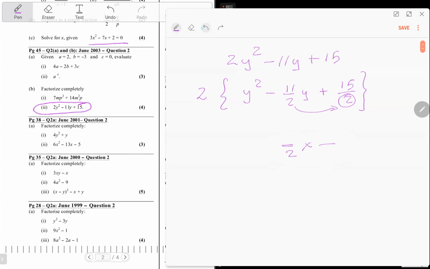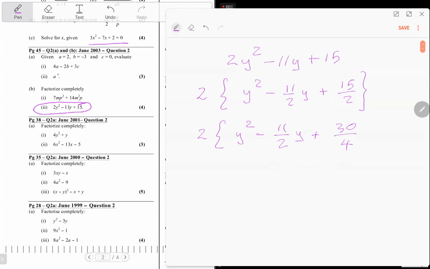So I'm going to adjust that fraction and put it as 30 over 4. So it becomes 2 bracket y squared minus 11 over 2 y plus 30 over 4.